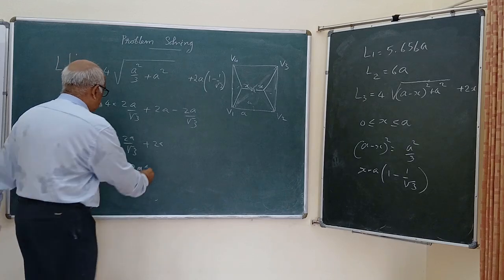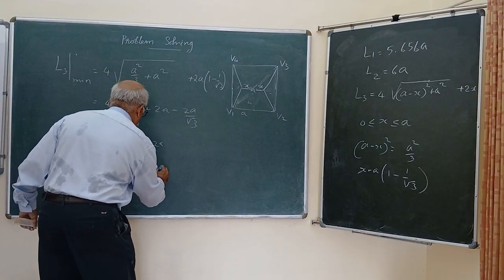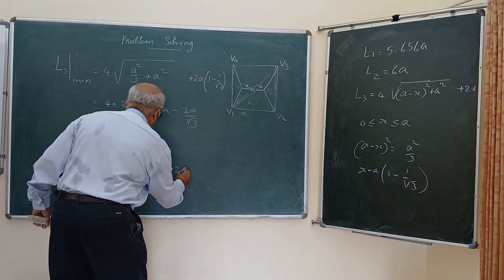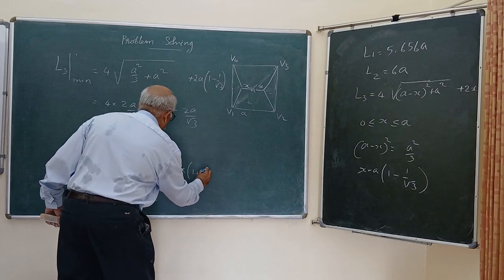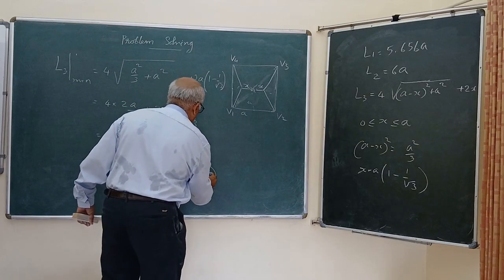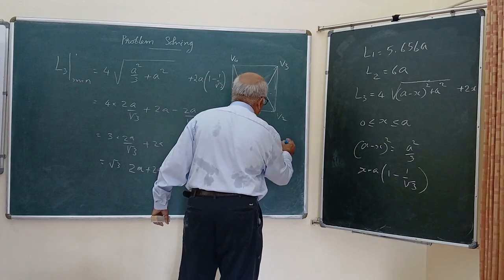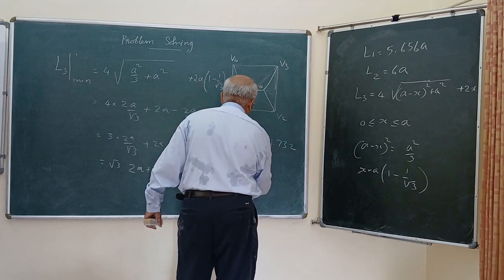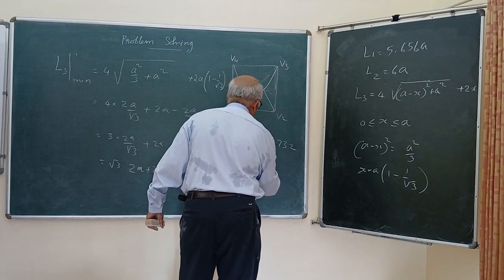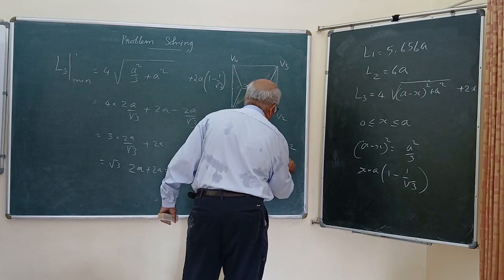That is root 3 times 2a plus 2a, which is equal to 2a(1 plus root 3). Root 3 is equal to 1.732. Therefore, root 3 plus 1 is equal to 2.732.